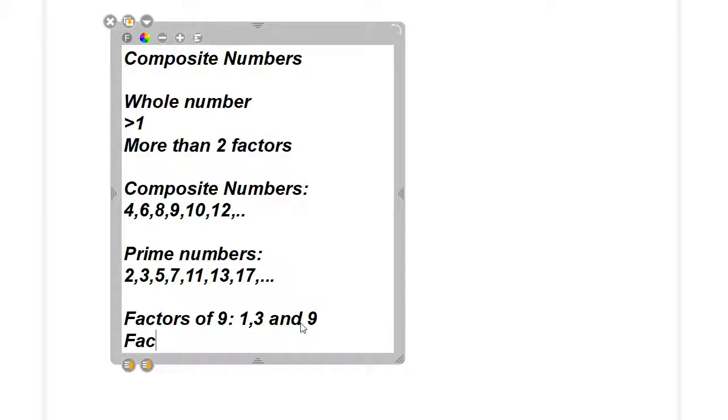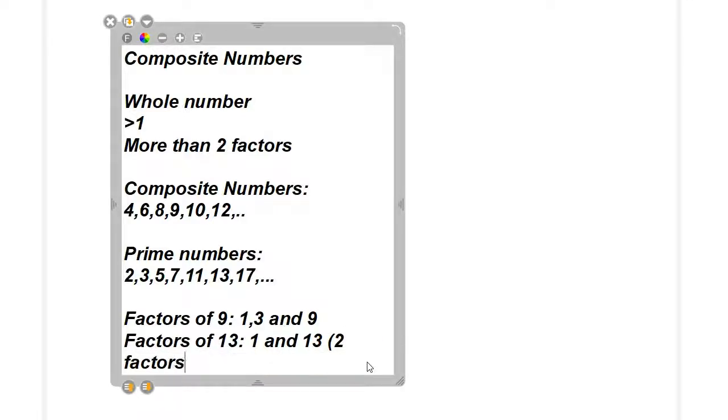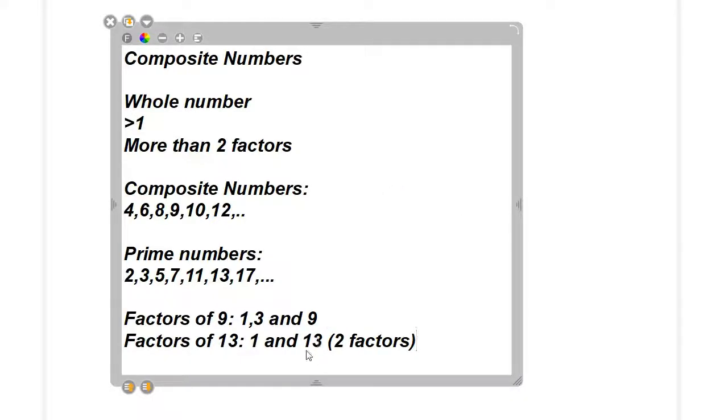So let's see the factors of a prime number. Let's just choose anyone here. Let's say 13. The only factors of 13 are 1 and 13. You see that this has only 2 factors, right? Which is 1 and 13 here, but this has greater than 2 factors, right?